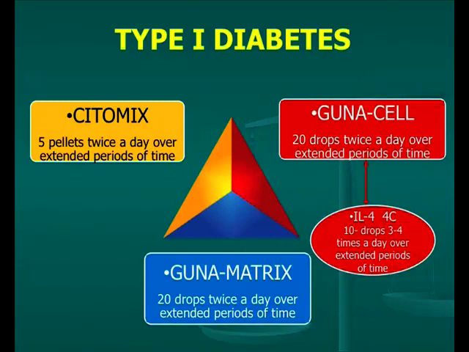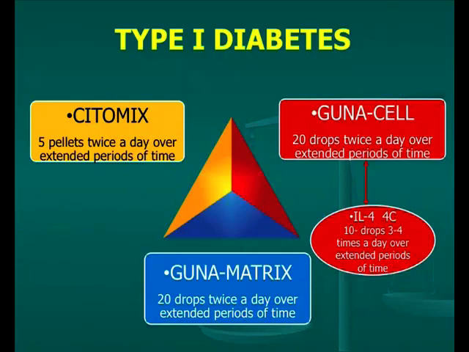Naturally, a collateral, although very important aspect is the basic therapy with Guna matrix and with the cellular support of Guna cell. Since we are often dealing with children, we have 10 drops 2 times a day of these interleukins. If they are adults, we give 20. We often add Cytomix because this abnormal stimulus of the immune system is frequently caused by viral infection.